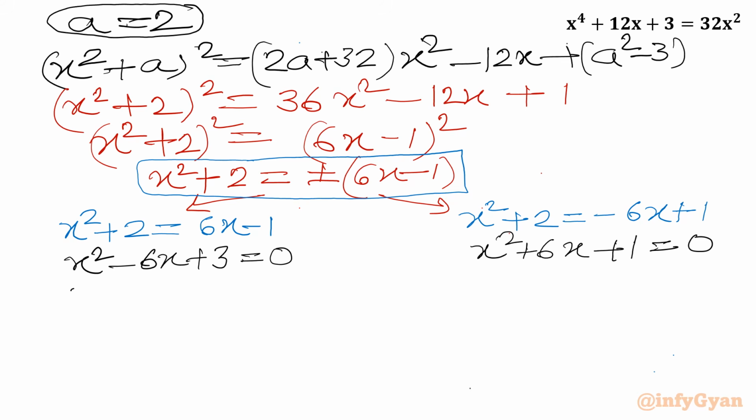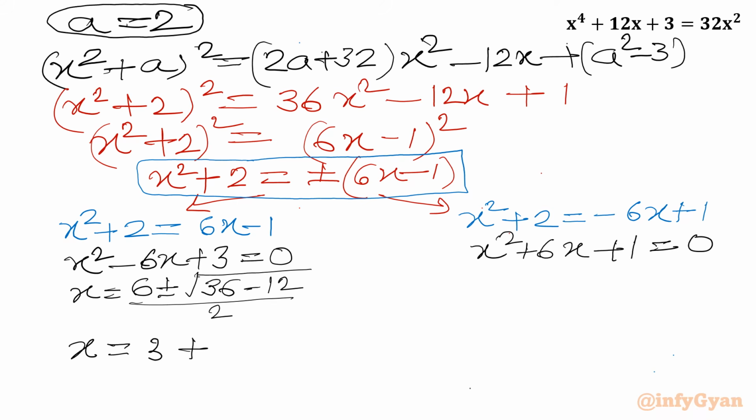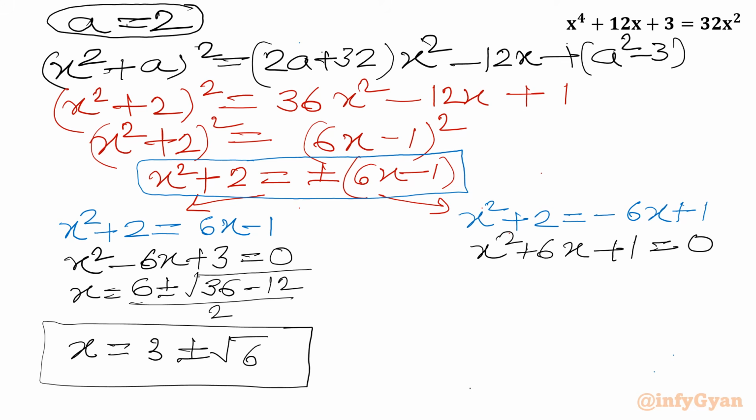Let us apply the quadratic formula. x equal to minus b, so 6 plus minus square root of b square, so 36 minus 4ac, so minus 12, over 2a. So we will get from here x equal to 3 plus minus root 6. We have solved this earlier in method 1.